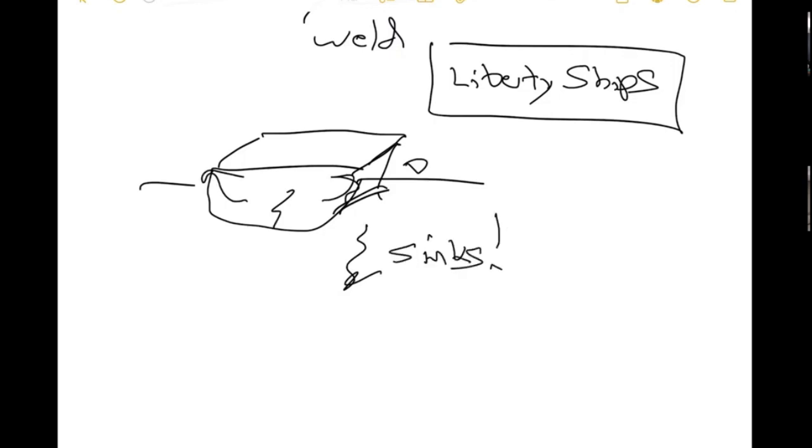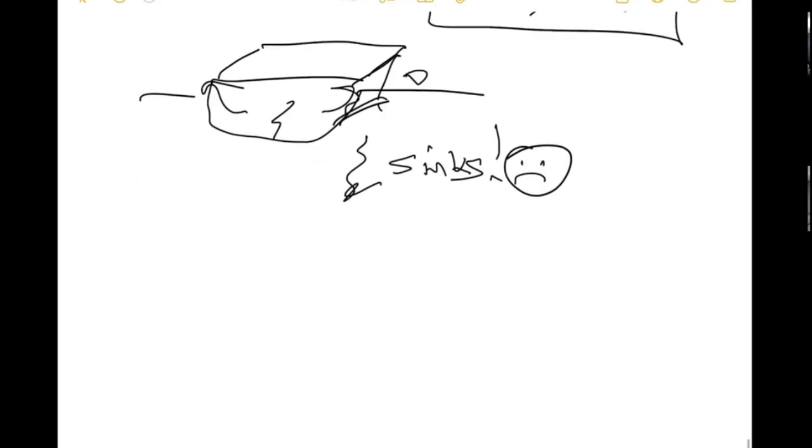What the hell? Well, it's just one. No big deal. Well, pretty soon there were many of these. These ships started sinking while just sitting there, not loaded in any special way, and they just fracture. Boom. And no one understood why.